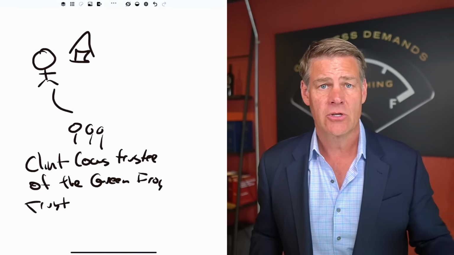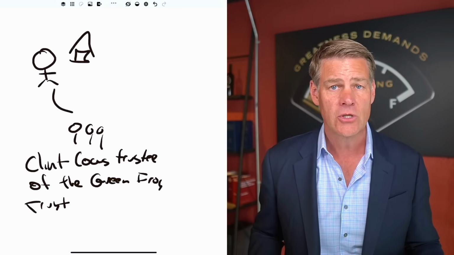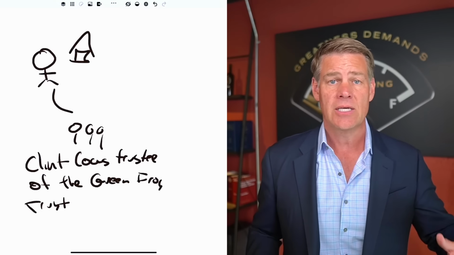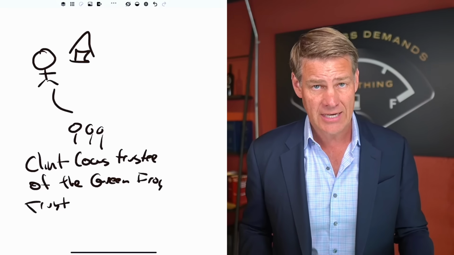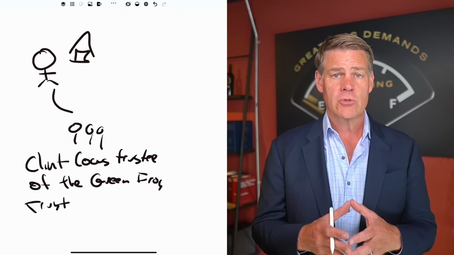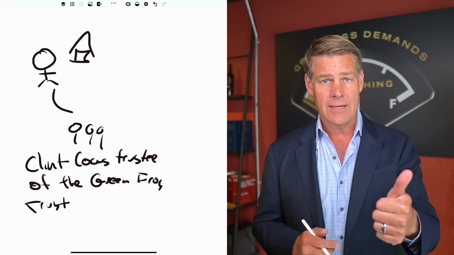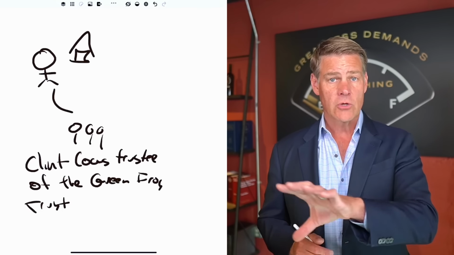There isn't a Secretary of State where you have to make sure the name is available in order to use it, like you would with an LLC or a corp. With trusts, you can just come up with any name that suits your fancy. So in this example, I would set up the trust to hold title to assets in the name of the trustee, Clint Coons, trustee of the Green Frog Trust.